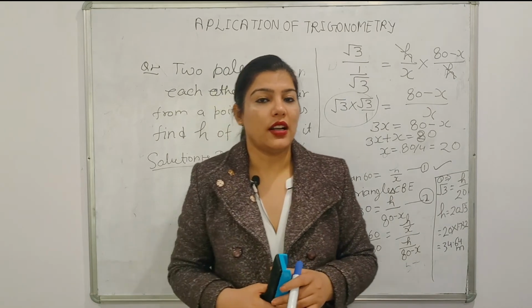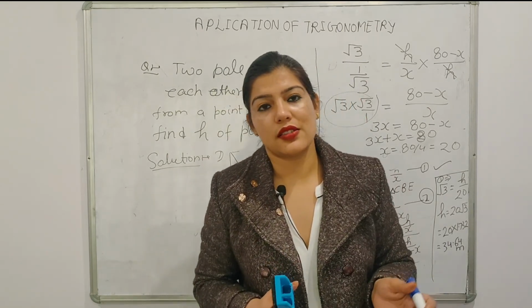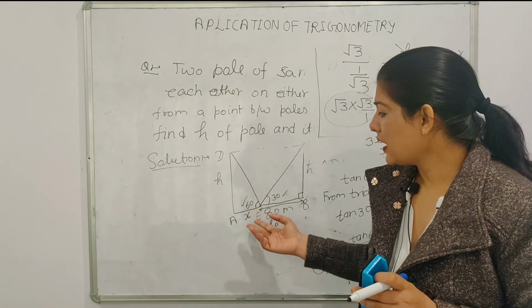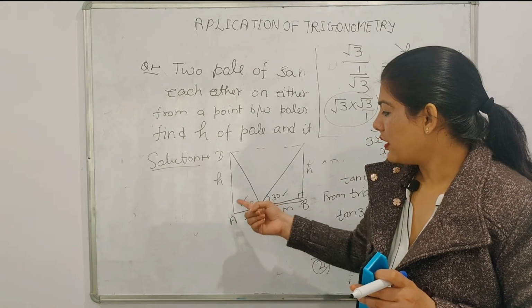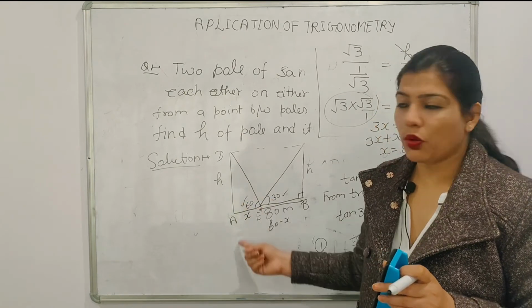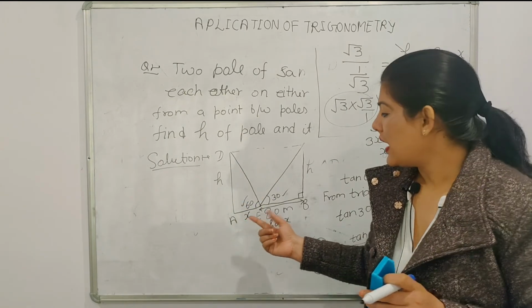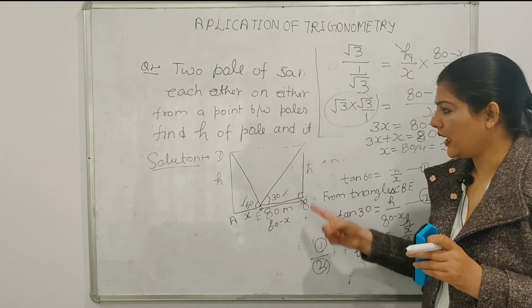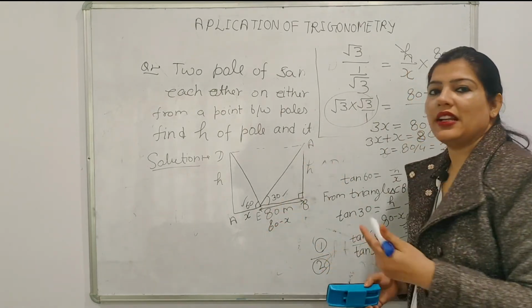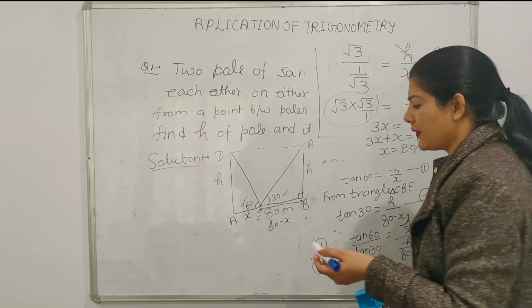After finding the height of the pole, you have to find the distance of the point from each pole. We already have the value of x, that is the distance of the point from one pole, which is 20, and from pole AB the distance will be 80 minus x, that is 80 minus 20, 60.